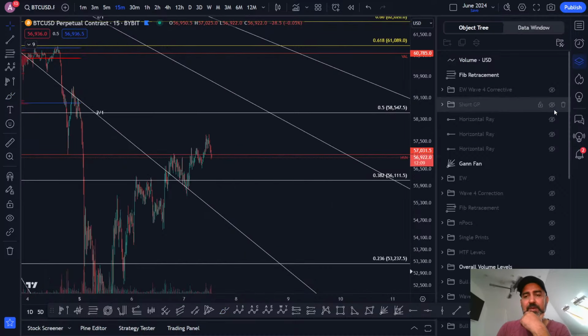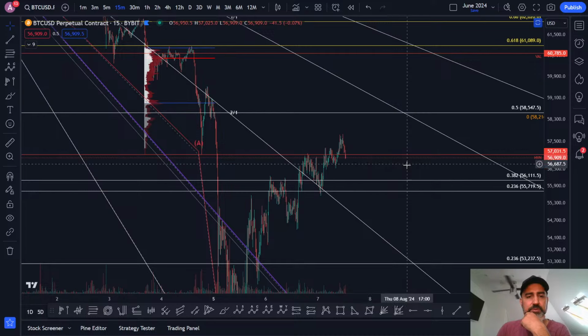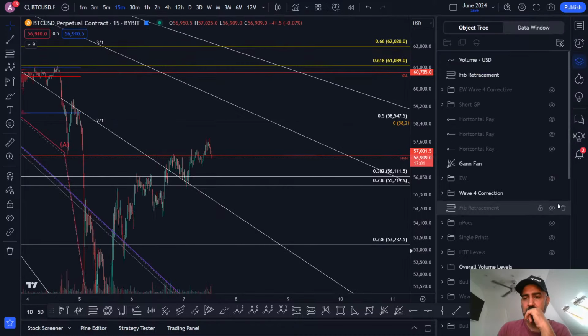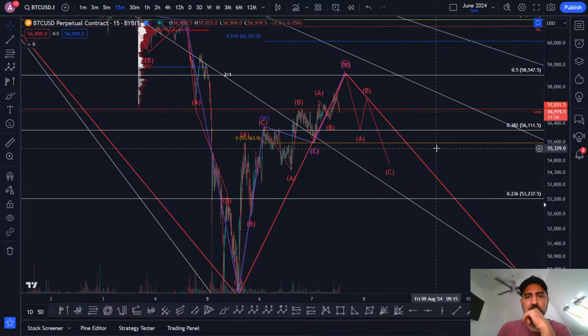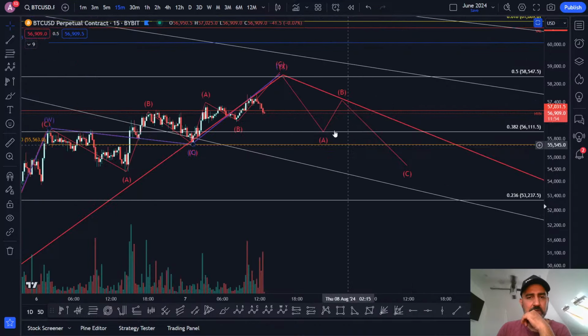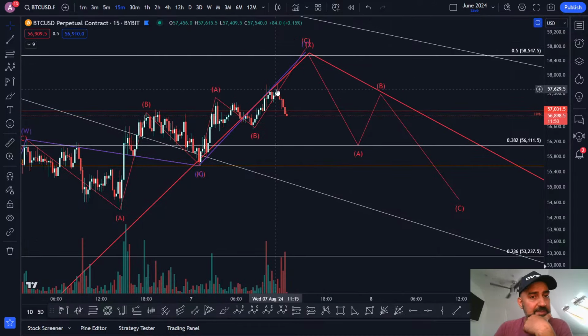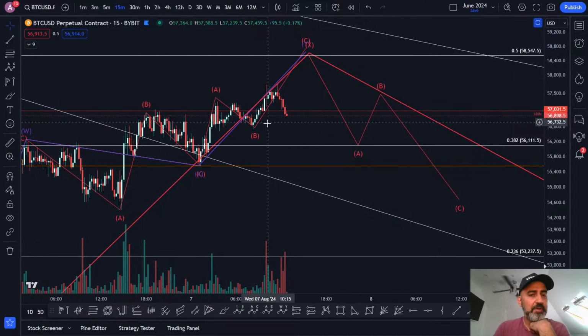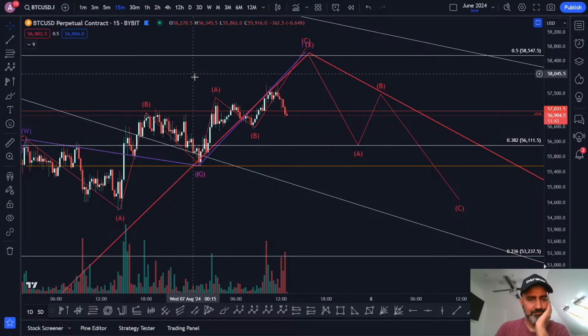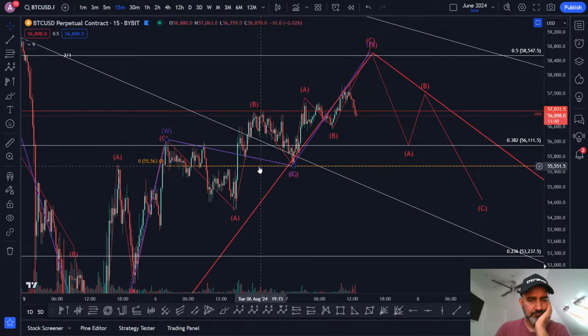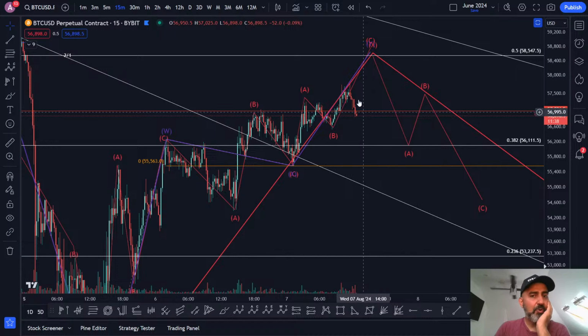And then obviously if I bring back my EW wave four correction, right? I am expecting a little kind of ABC. I don't think this is the top, but we're losing the high volume node now, so it'd be very poor if this was it, huh?